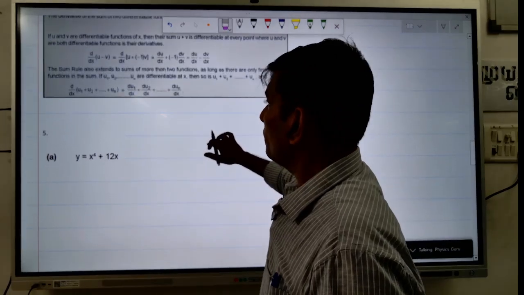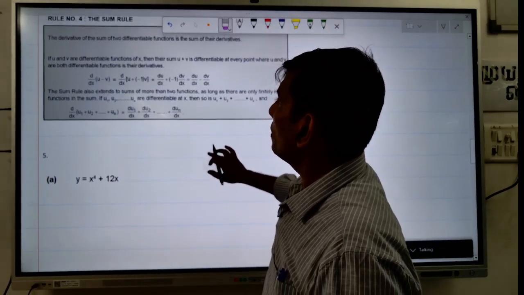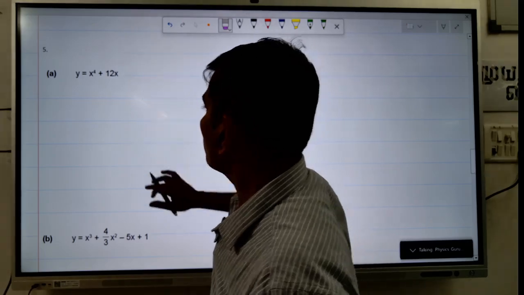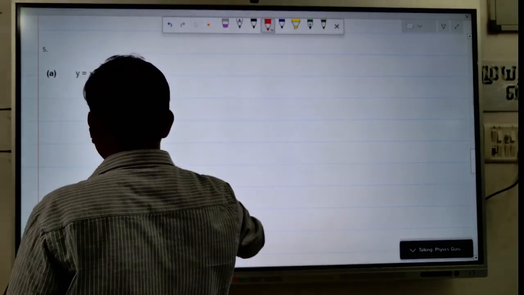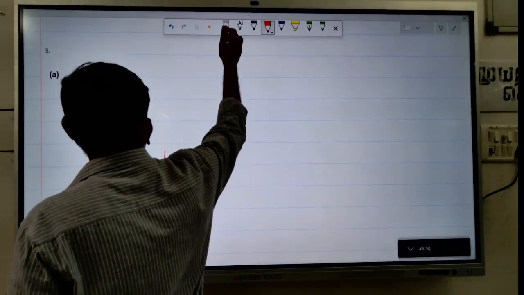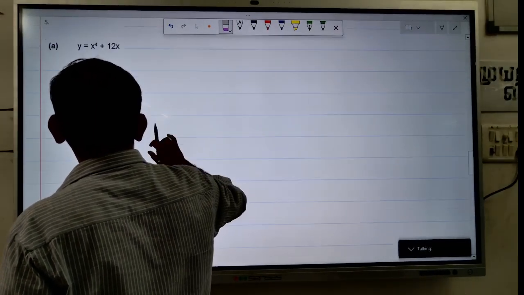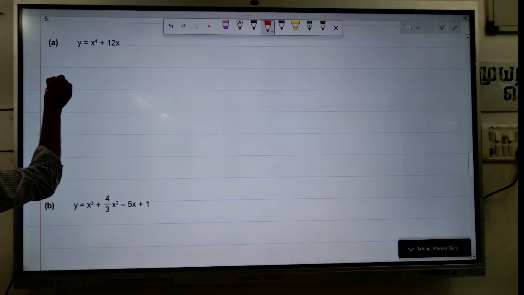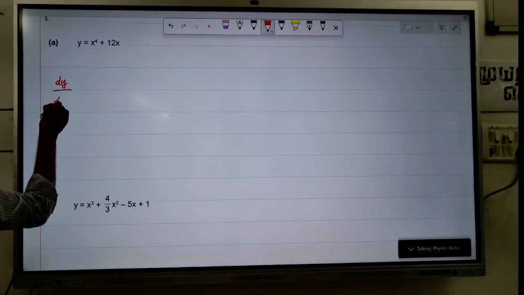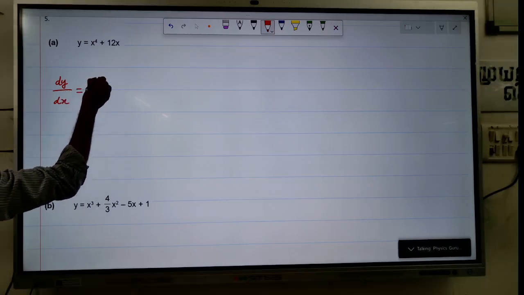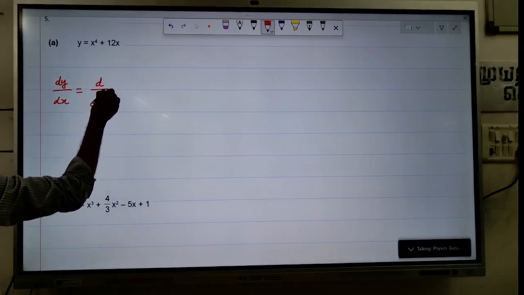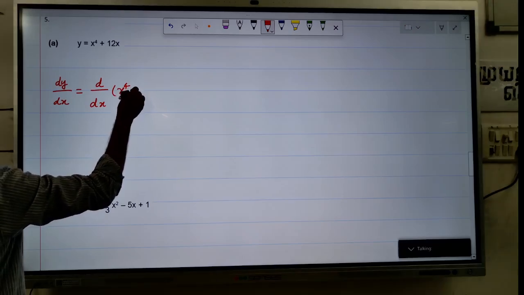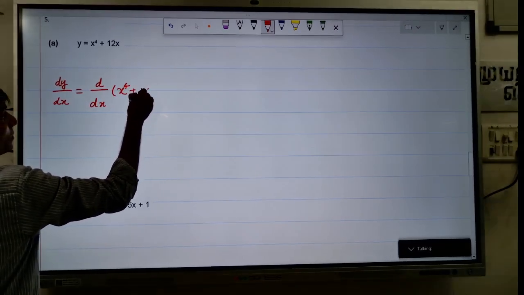So this rule, that is the sum rule, we have already practiced. So let's take, come on, someone please guide me. dy by dx is equal to d by dx of x to the power 4 plus 12x.